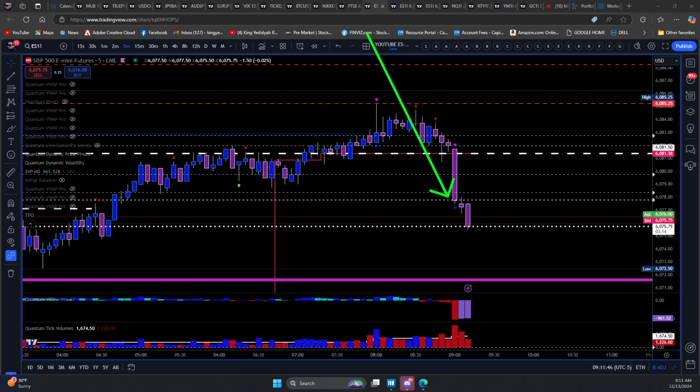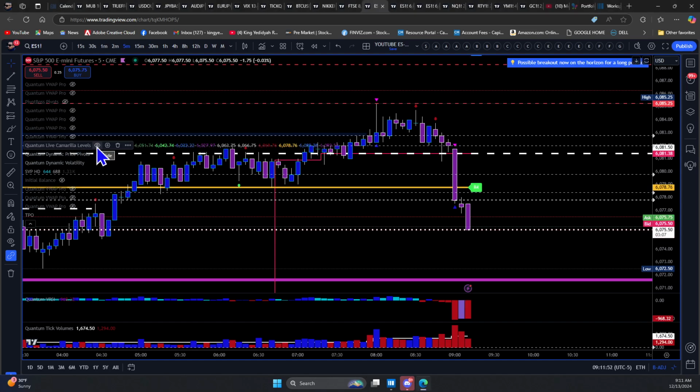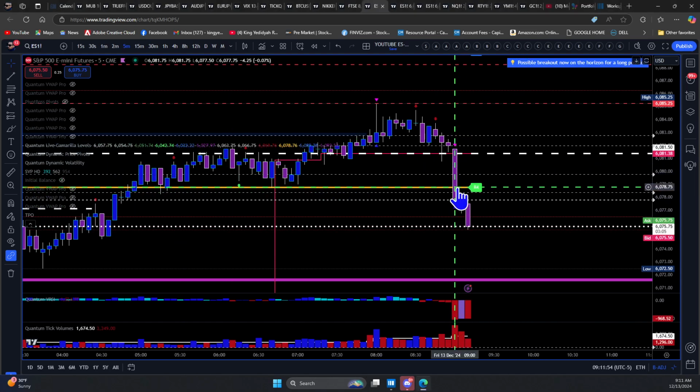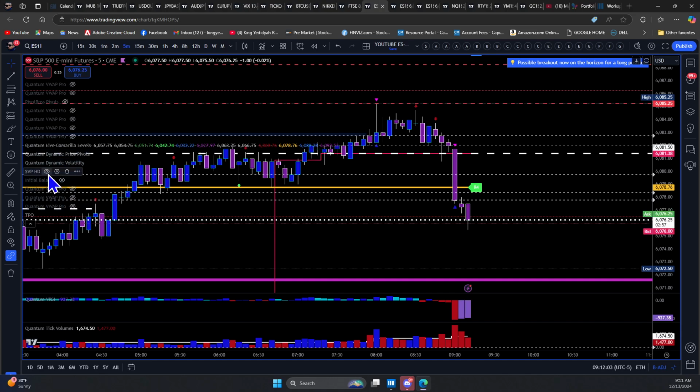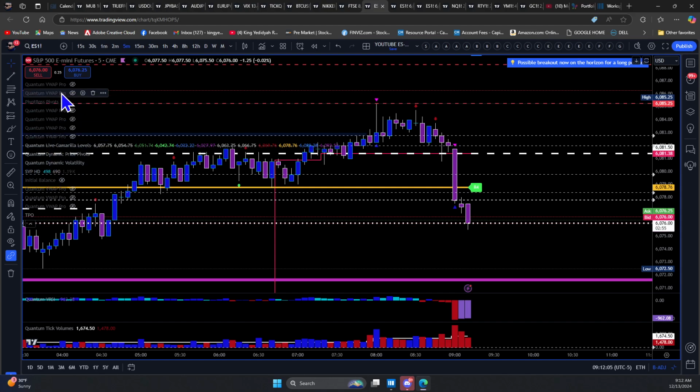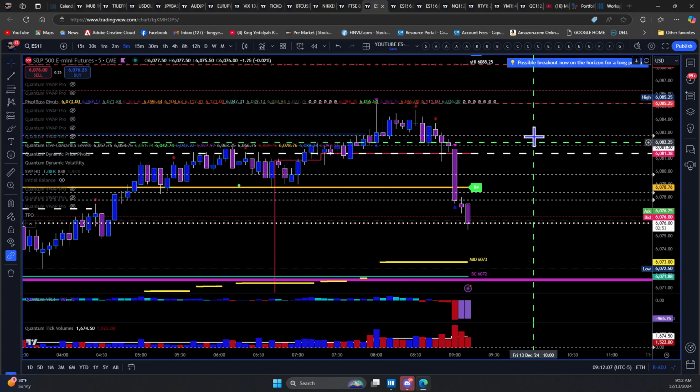So let's just take a look here at what the Camarilla levels are, right? So we're breaking down Camarilla R4 right now, right? So let's see what the central pivot levels are. Where's the pivots? Right.